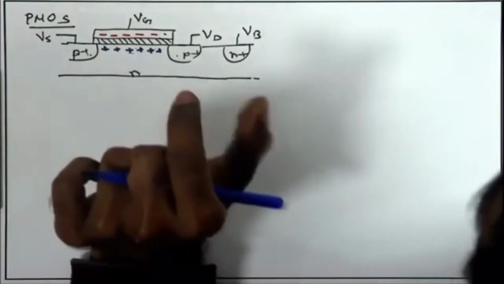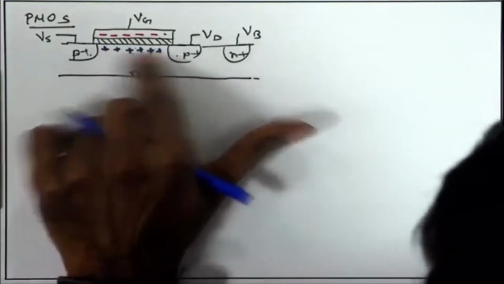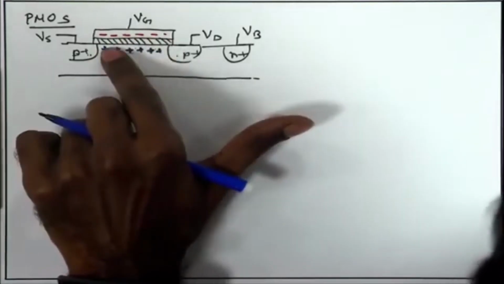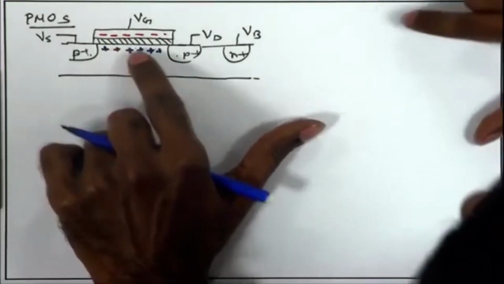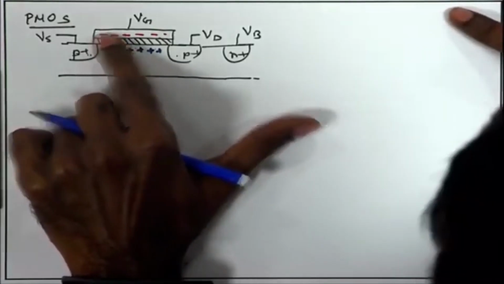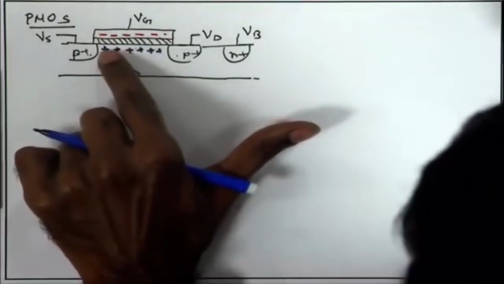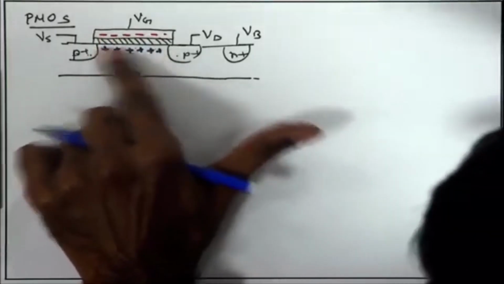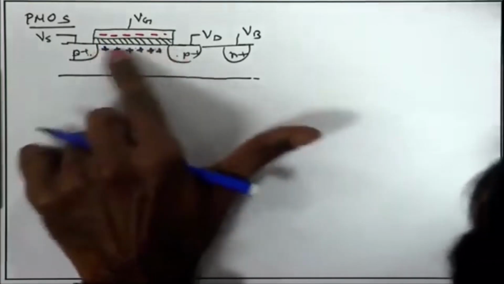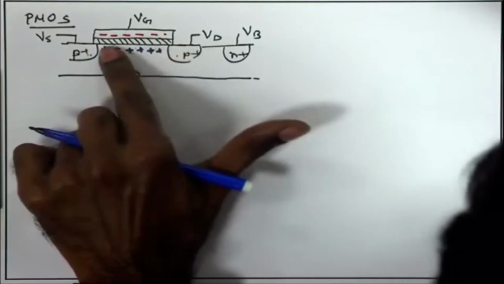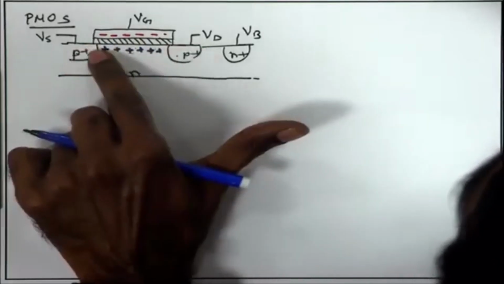quantity, call it mod Vtp, with respect to the channel, in order to have the positive channel induced here, or in other words, it simply means that you need to have at least a minimum amount of negative charge over here, so that corresponding to that you have some minimum positive charge in the channel, or positive holes accumulated in the channel, which can form a continuous p type region between the source and the drain, both of them p type.